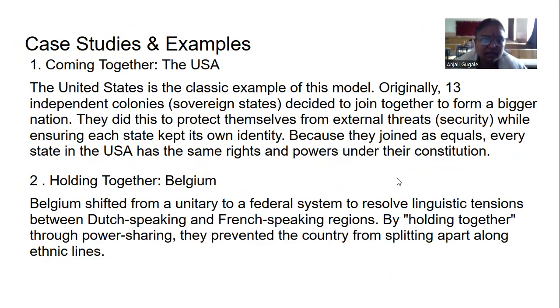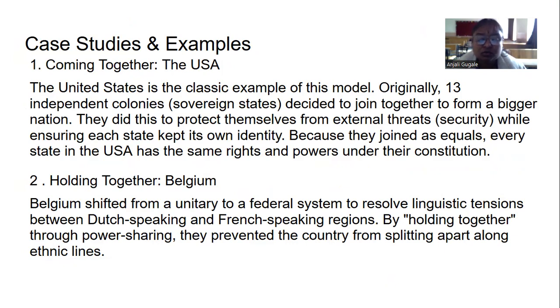Case studies and examples for coming together and holding together are clearly explained over here in this slide. One example of a coming together federation, as it is given in your textbook also, is the United States of America. The United States is the classic example of this model. Originally, 13 independent colonies, sovereign states, decided to join together to form a bigger nation.